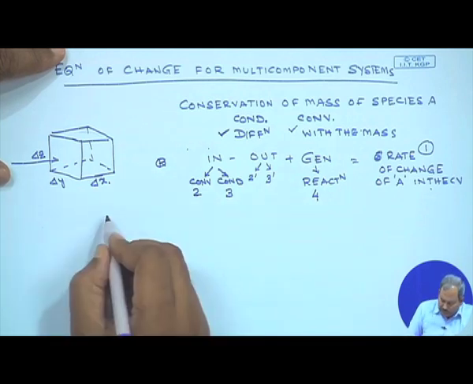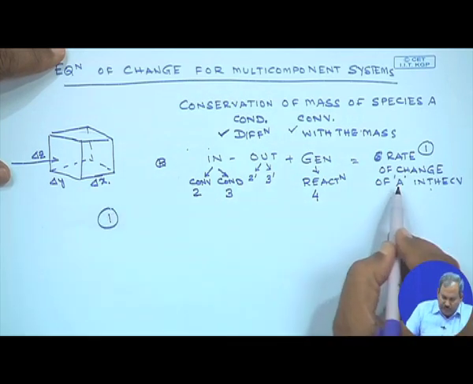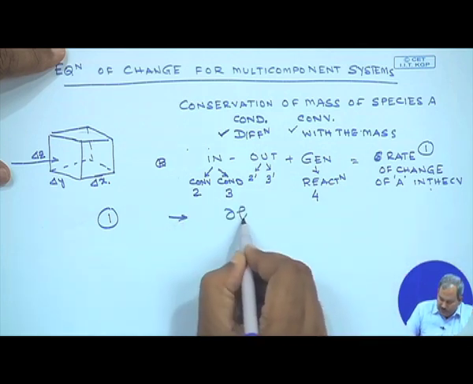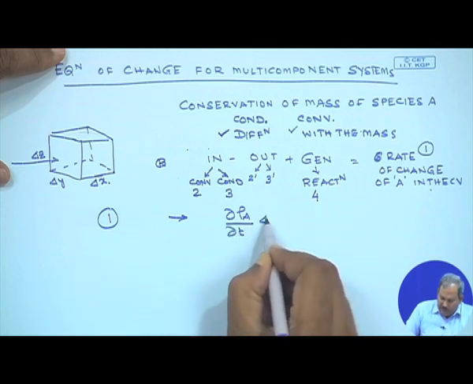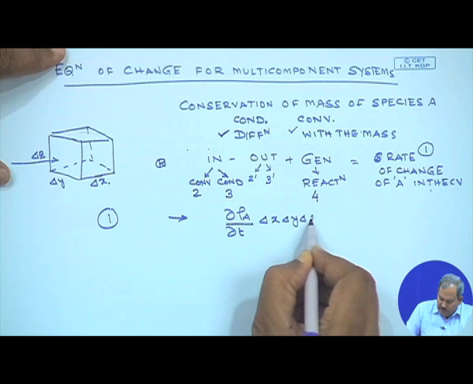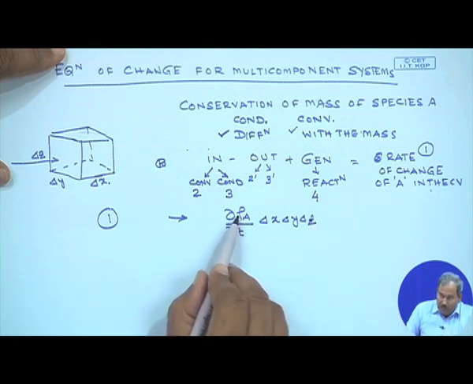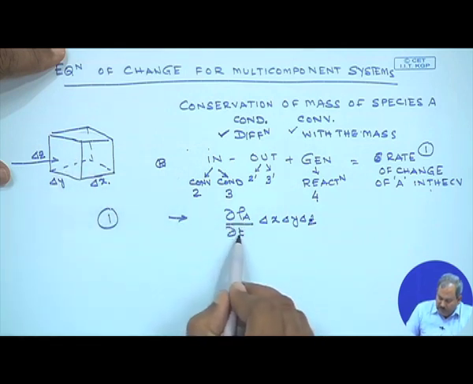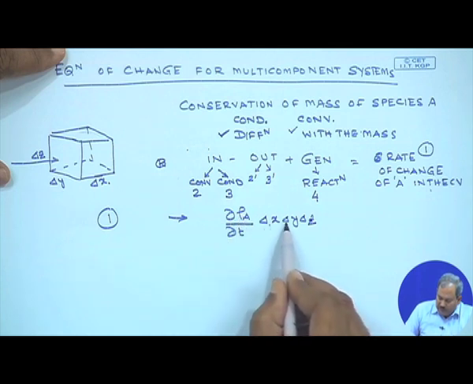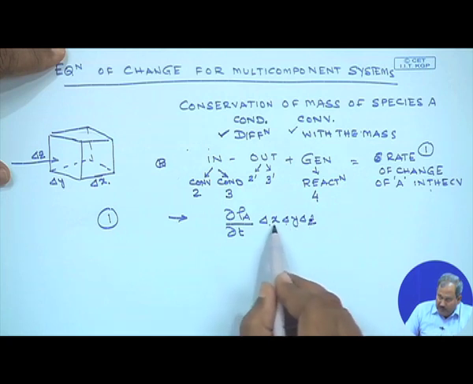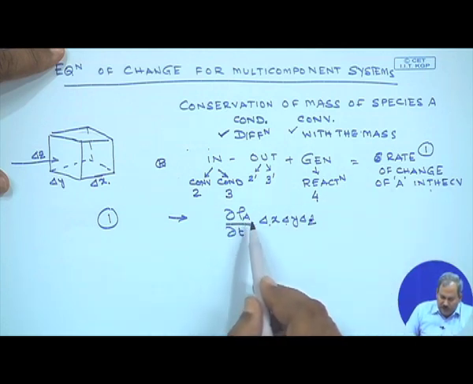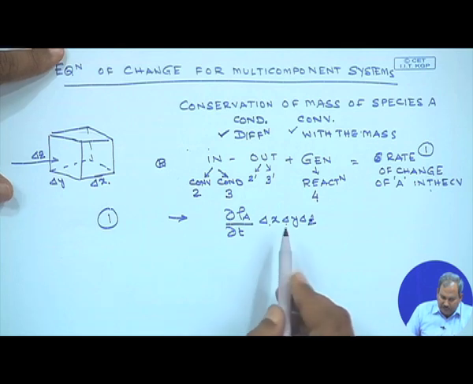So we start first with 1, which is the rate of change of mass of A inside the volume element. This would simply be del rho A by del t times del x, del y, del z. So this is the mass concentration of species A inside the control volume. It is the time rate of change of mass concentration of A, and when I multiply it with the volume of the element del x, del y, del z, what I get is the term 1, the time rate of change of mass of A inside the volume element.